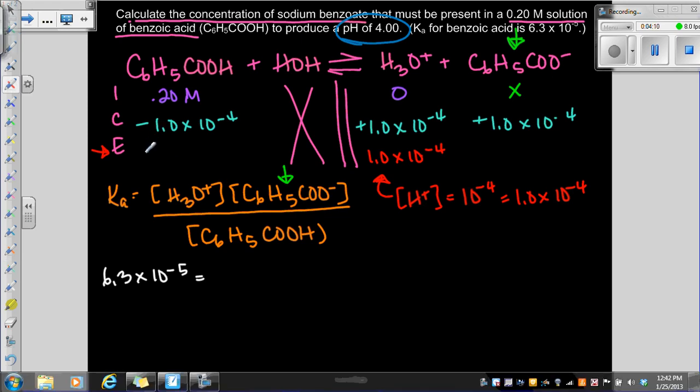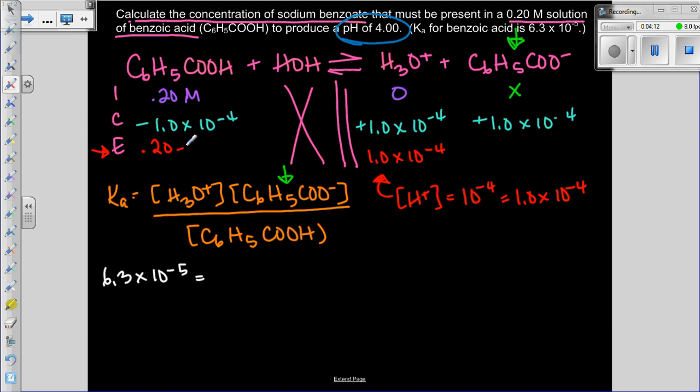So here, reactant side, I get 0.2 minus 1 times 10 to the negative fourth. I have hydronium ion concentration. I got that from pH. And then for benzoate, I have X plus 1 times 10 to the negative fourth. So I have all of the equilibrium values that I can substitute into the expression.